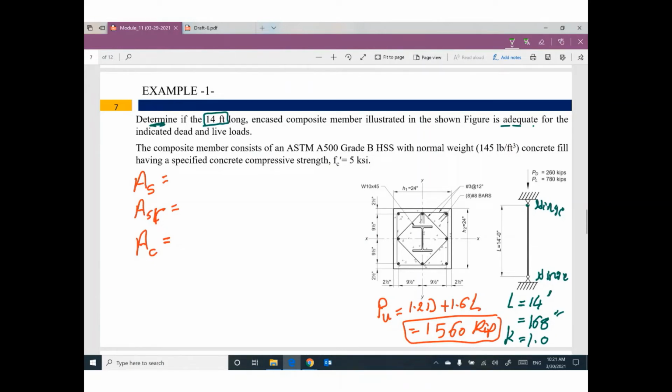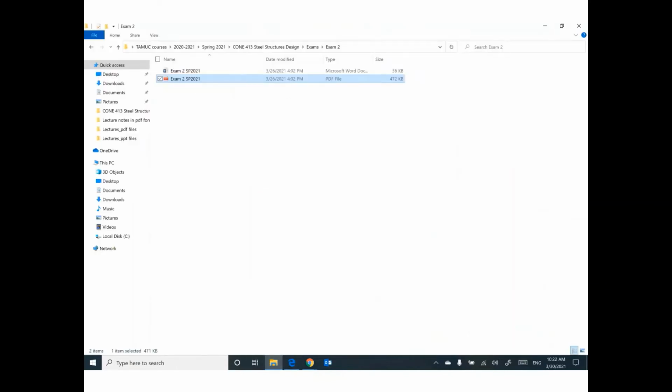Can you see this information? W10 times 45. This steel column is made from a W shape, 10 times 45.